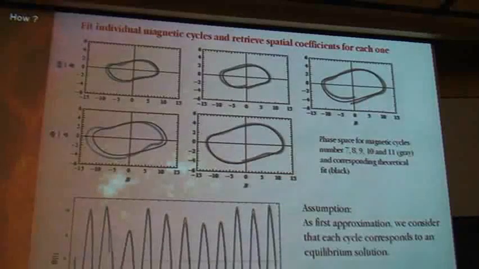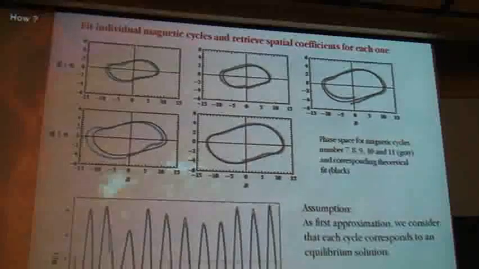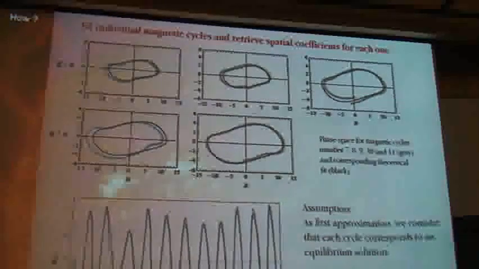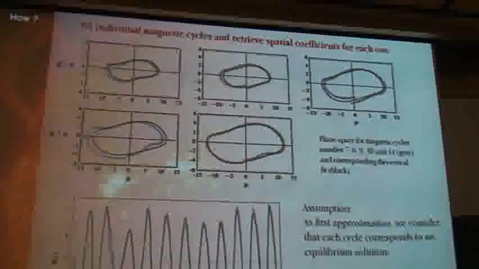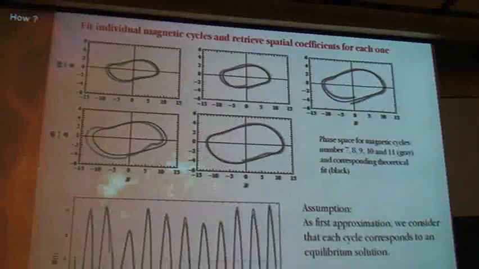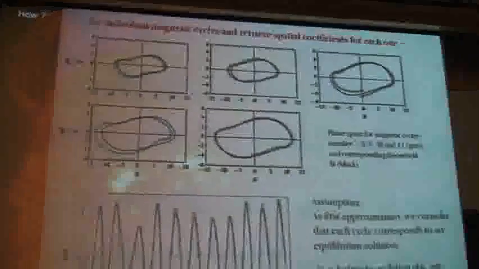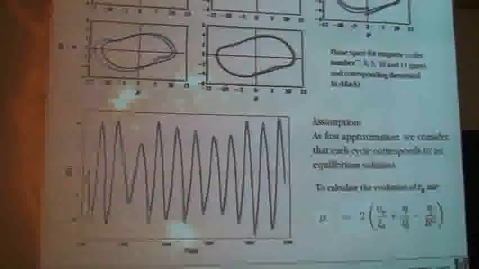So we see that more or less it follows the same behavior. It has parts where it's a lot different, and we know why. When we have irregular cycles that don't look like a van der Pol, the fitting algorithm just goes berserk and cannot fit. So that's one thing that we are working on right now.